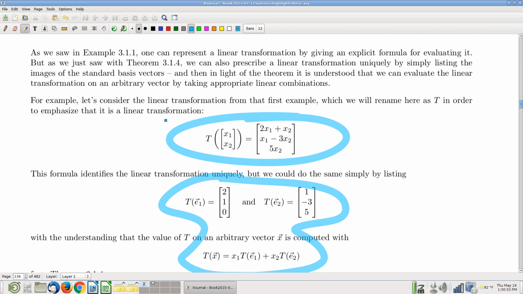You can do anything you can do with this, you can do with this. Said differently, this is an alternative way to write T. I can tell you what T is by saying, here are the two standard basis vector images, and by the way, it's linear. I might as well have given you an actual formula.